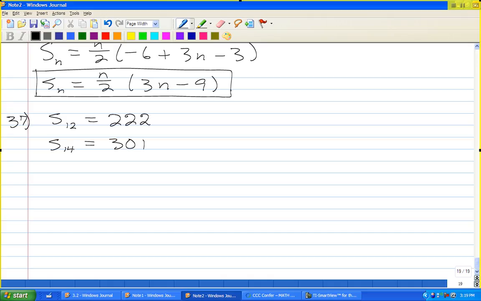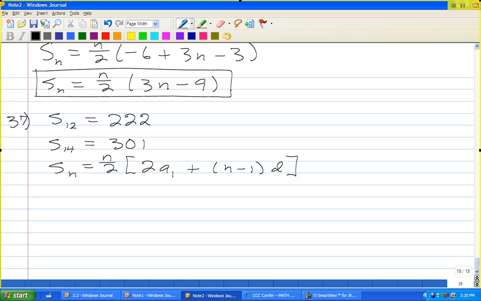And so, I know that S sub n is equal to, well, there's two formulas, but really you don't know the last term. So there's only one formula I can use. So n over 2 times 2a1 plus n minus 1 d.